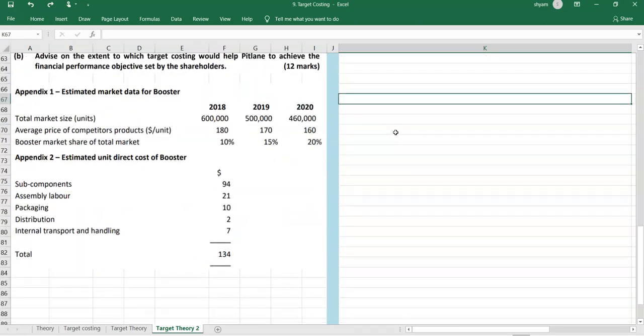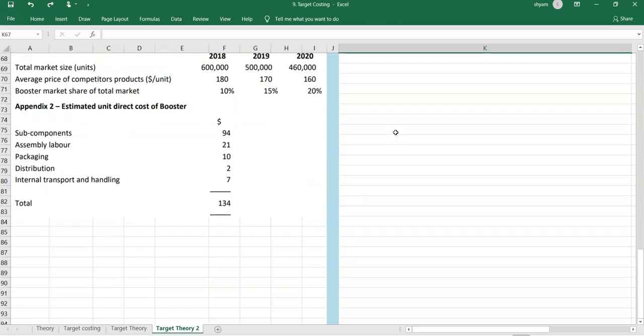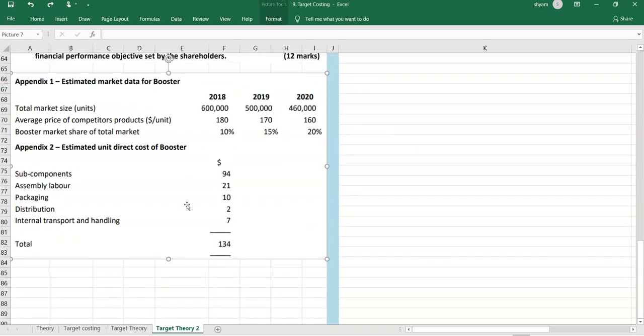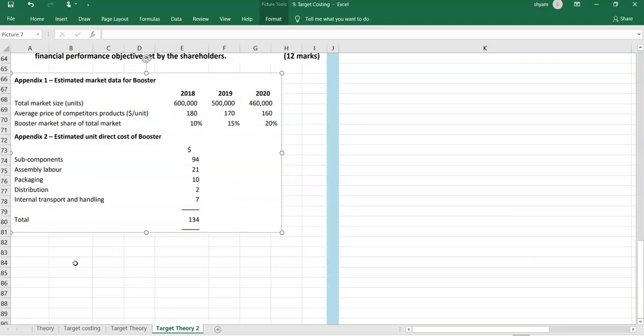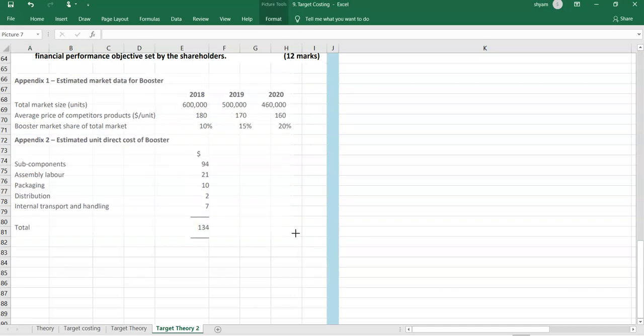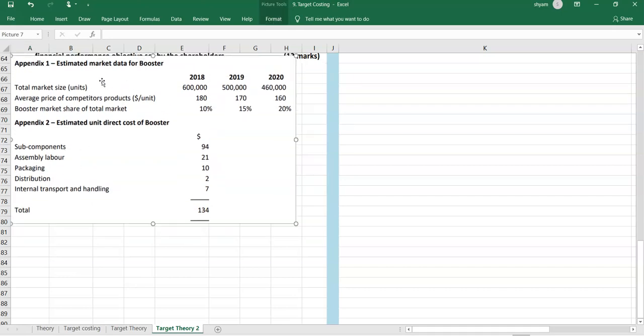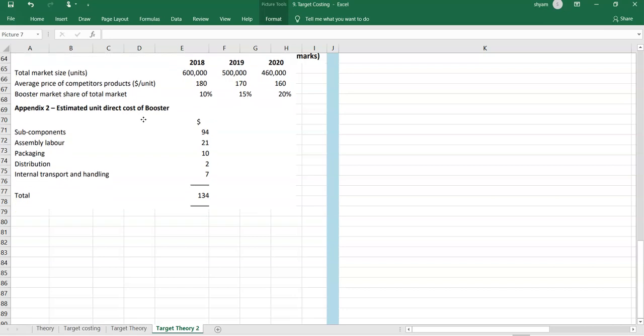For the numerical part, I think we could do it below here. Okay, we could do it here because I don't think it is possible to do on the other side. So we'll try to do it here. So we'll start. So estimated market data for booster, they have given 3 years of time.